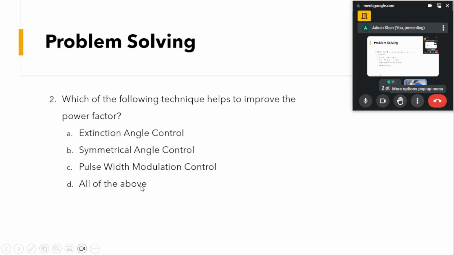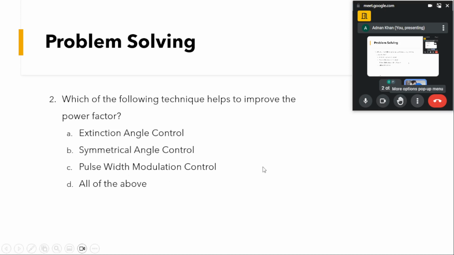Here also, I won't be giving you the answer right away, because we'll be discussing power factor correction in detail, going through all these control techniques, extinction angle control, symmetrical angle control, and pulse width modulation control, and we'll see whether they improve the power factor or not.